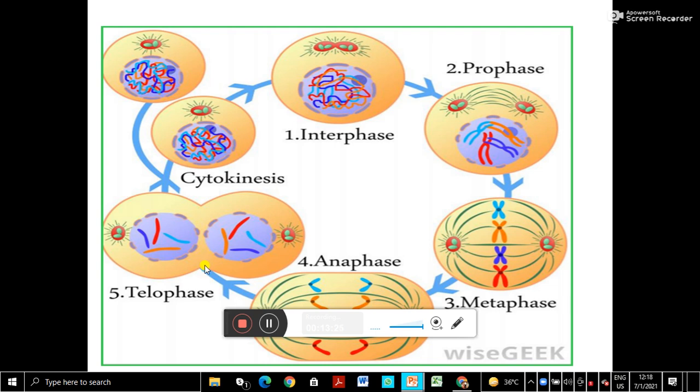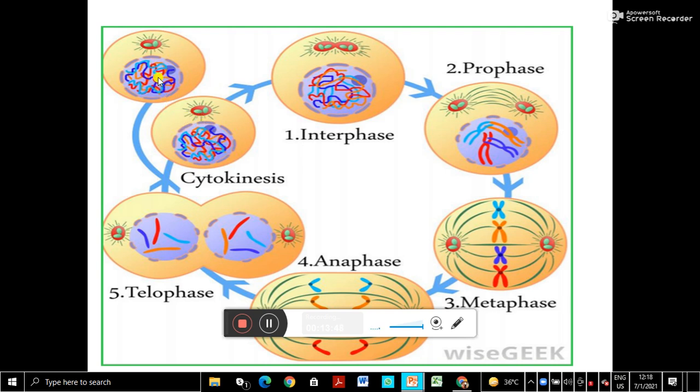Cytokinesis is taking place. So karyokinesis is completed here, and here you can see the nuclear membrane reappearing. Nucleolus also will reappear here, and after cytokinesis, 2 daughter cells are formed, and the chromatid now becomes the chromatin network again, and these are the daughter cells.